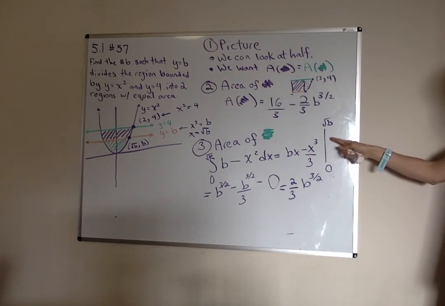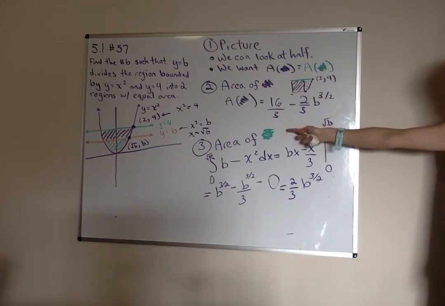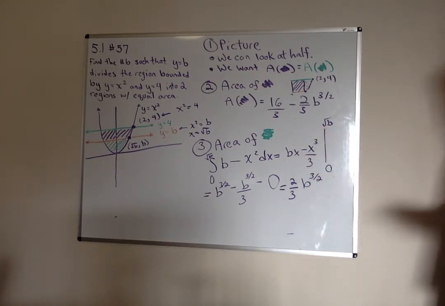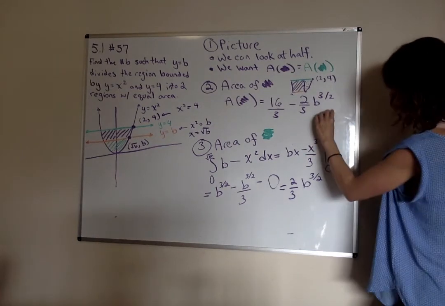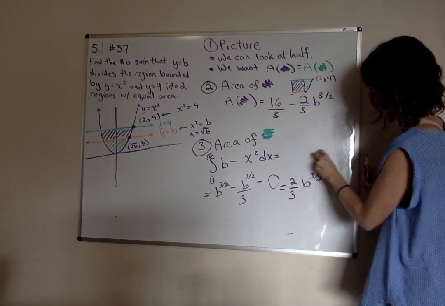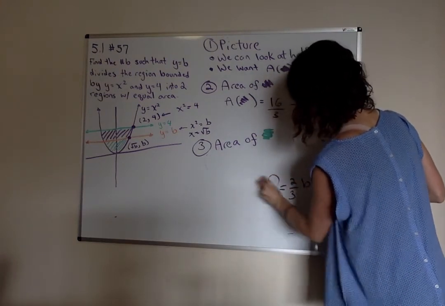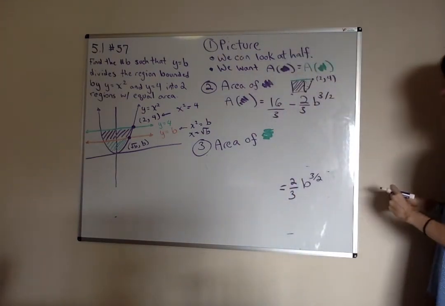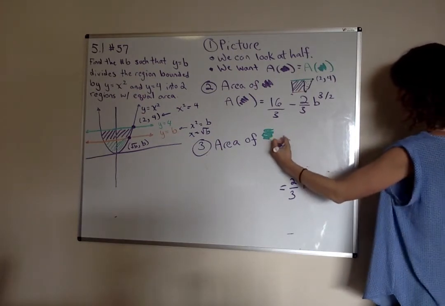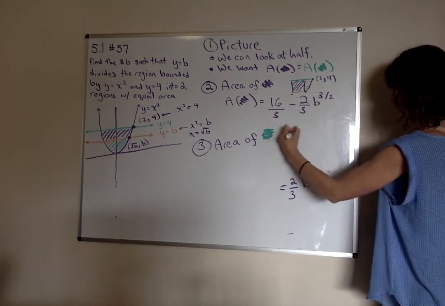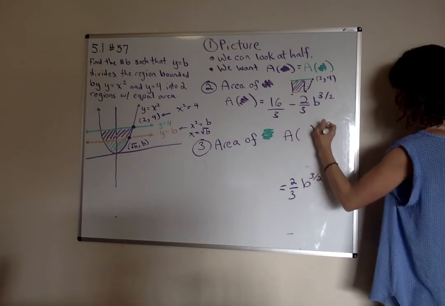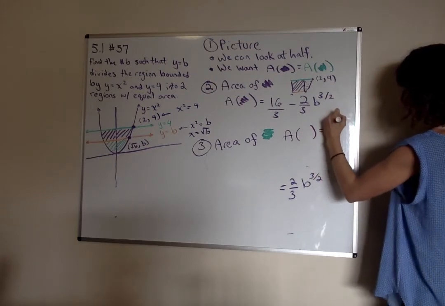I'm going to erase this integral and just put the result here so that we can see the flow of the problem. But remember, you can always rewind. That's the beauty of YouTube. So the area of the green one is 2/3 b to the 3/2.